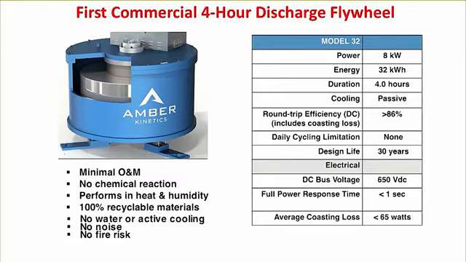Okay, so this is a short data sheet for the Amber Kinetics flywheel. So basically, power and energy are ratioed at 4 hours. This is really a design choice. It's not fundamental. With electrochemical batteries, there is a physics that often relates the ratio between power and energy. In these examples of a flywheel, the physics is really fully decoupled.